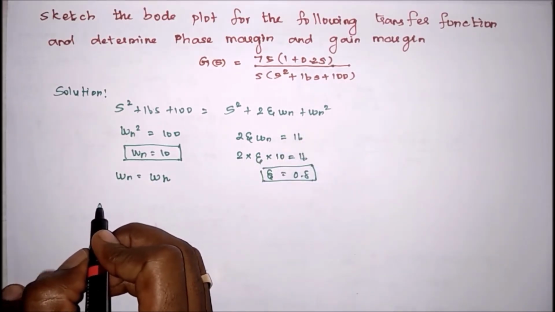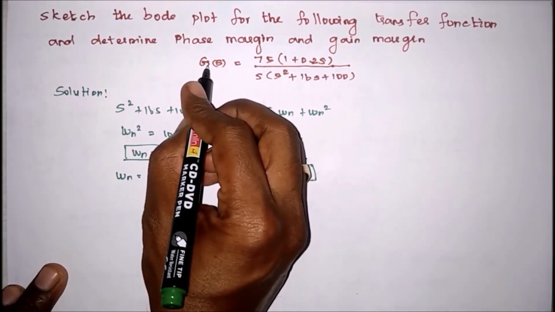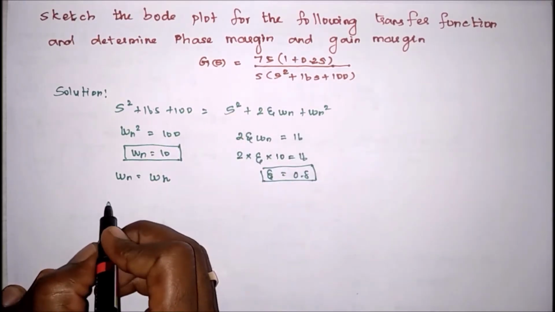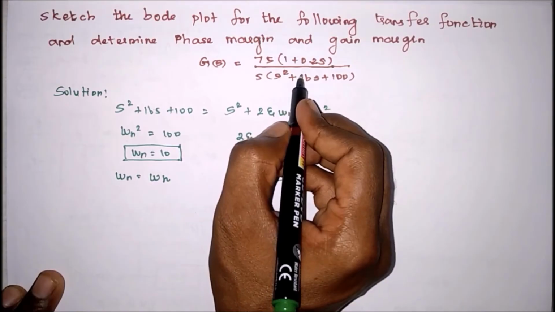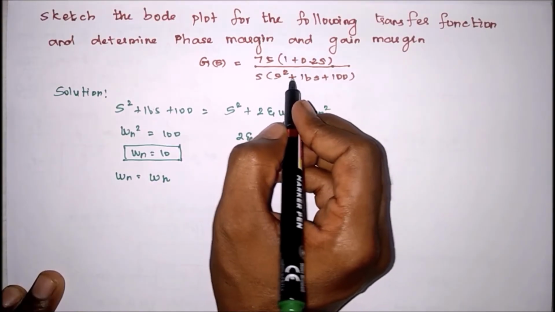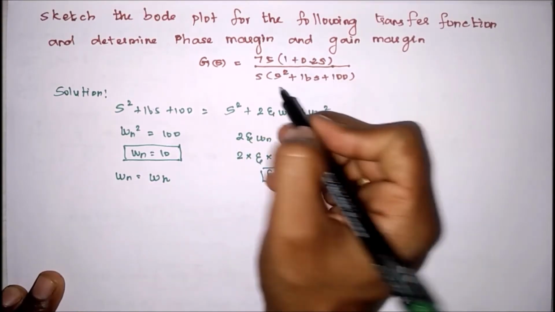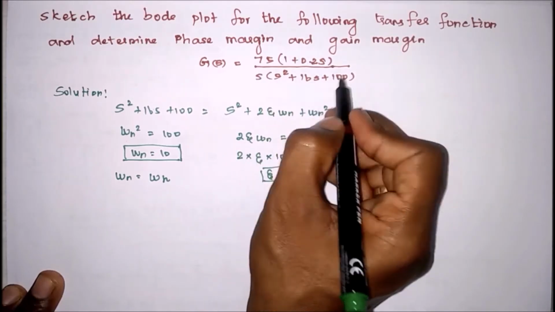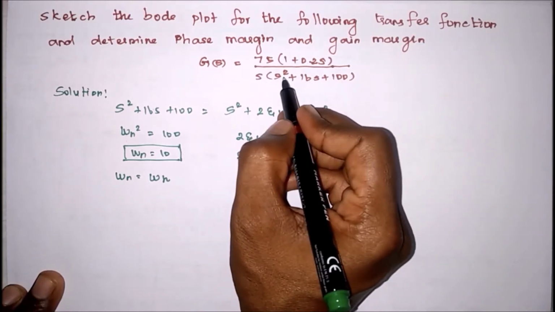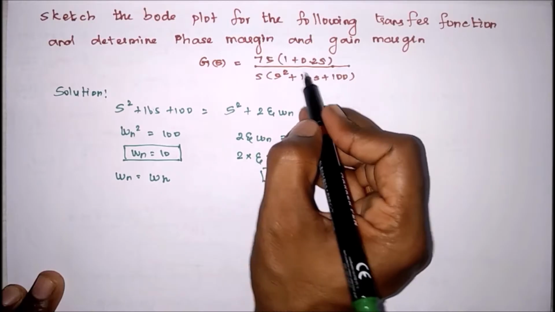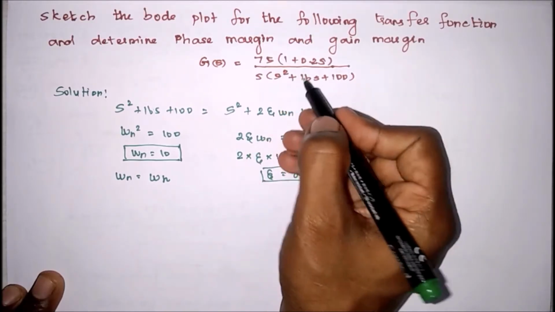After that, we have to convert this G(s) into Bode form. This is not a Bode form. Bode form means the equation should have 1 plus terms. Here s is there, but the denominator is in quadratic form. We have to convert this into 1 plus an s term and an s square term.